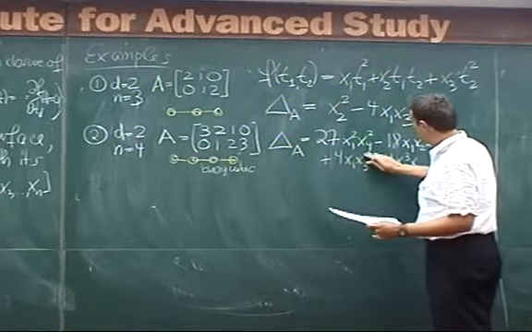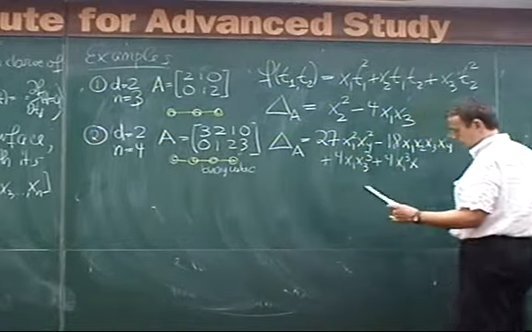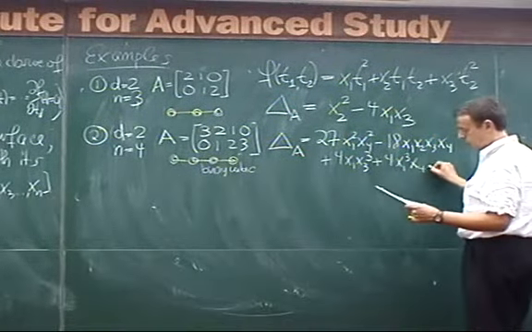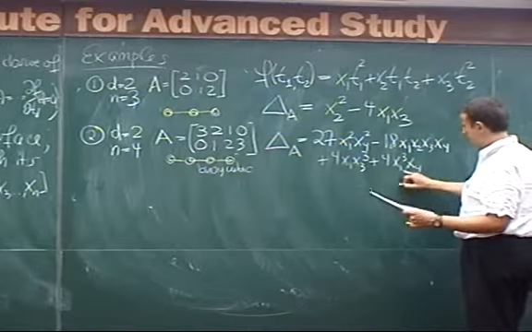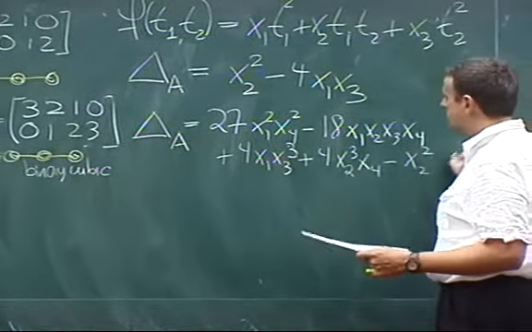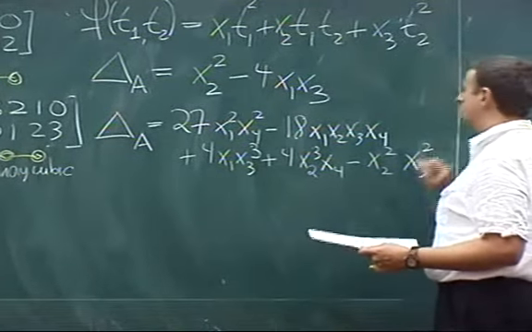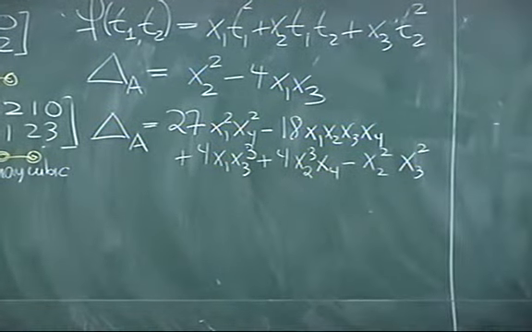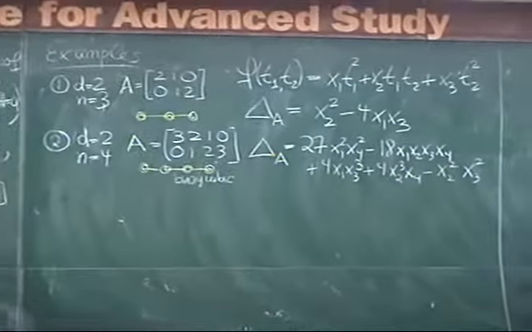I'm sorry, this is a cubed. It's homogeneous of degree 4. Then x2 cubed x4 minus x2 squared x3 squared. So this discriminant has 5 terms in 4 variables.